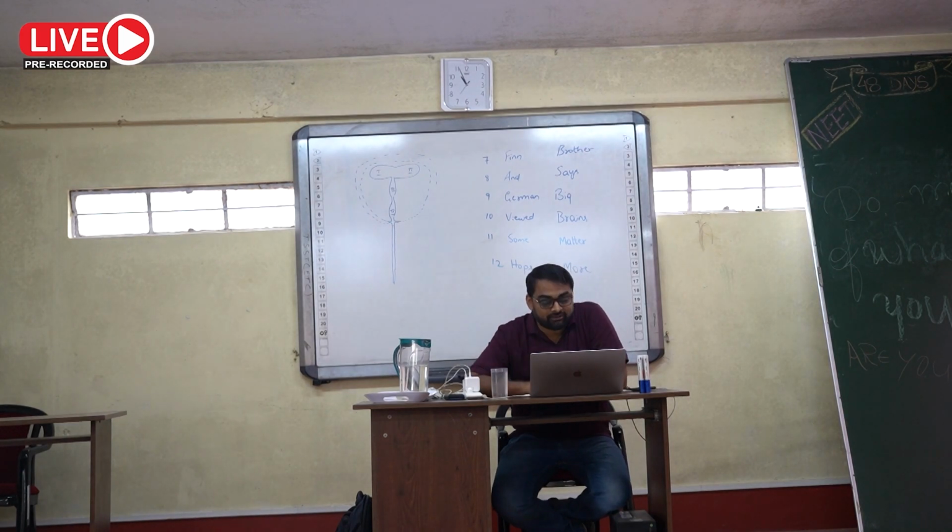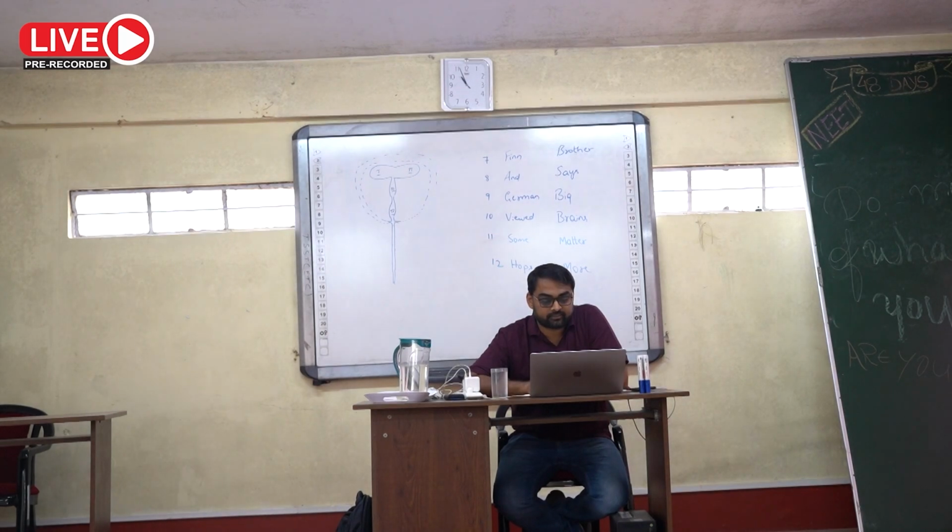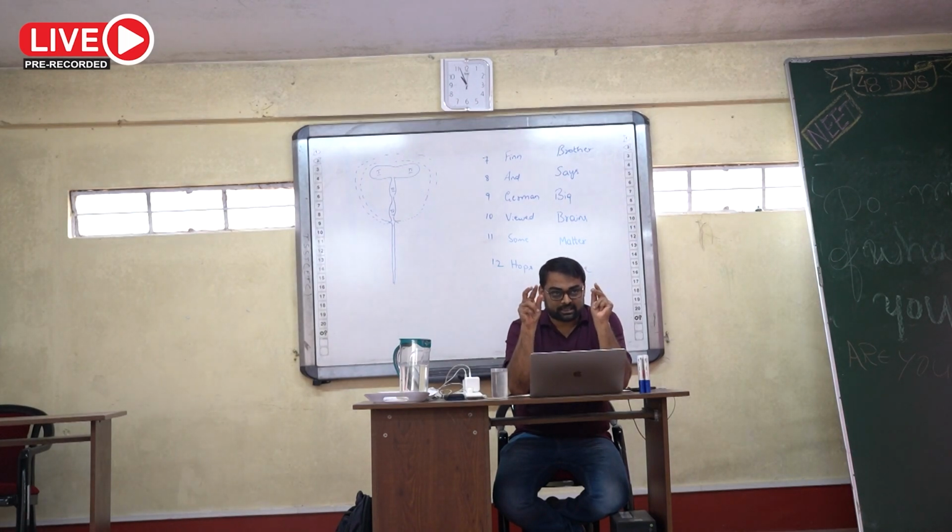Out of 7 cervical vertebrae in humans, which set represents atypical cervical vertebrae? Atypical cervical vertebrae. Why? What do you mean by atypical cervical vertebrae? Vertebrae which have additional processes or additional structures other than the regular ones.